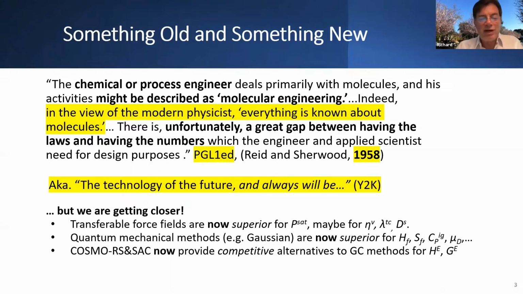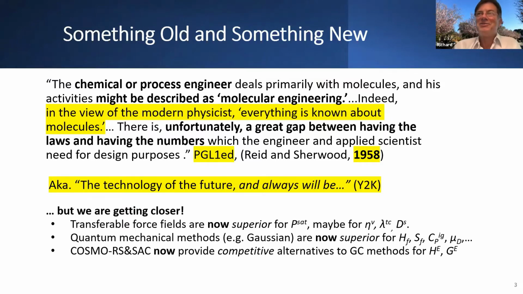And then they said, well, you know what? It's not working that well. We're going back to our old methods. And the joke became, well, that modern physics approach is the technology of the future, sure, but it always will be. In other words, that future will never come. And so that was just a kind of a sad joke.